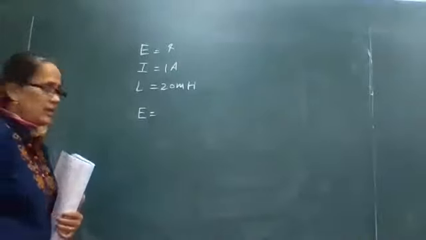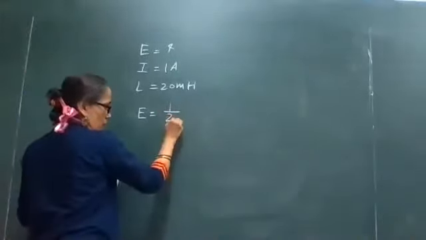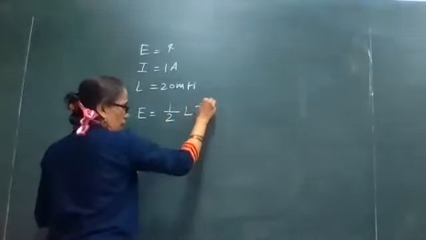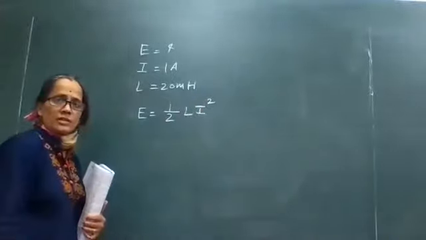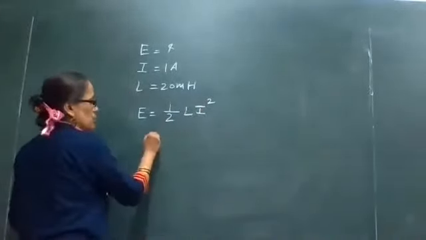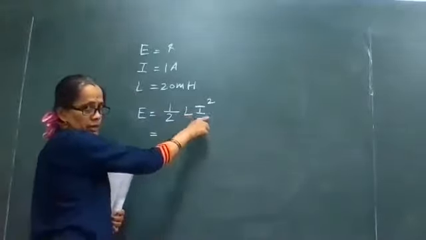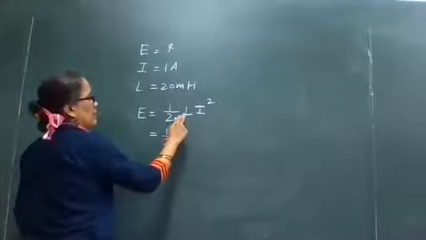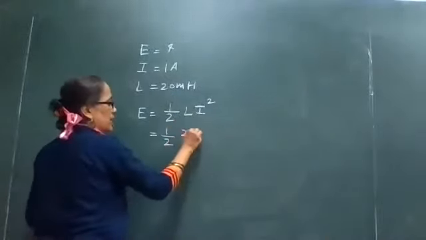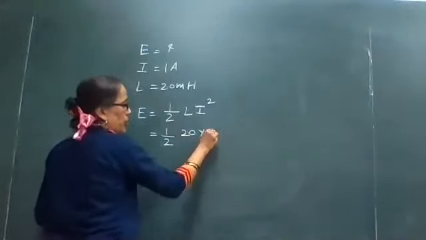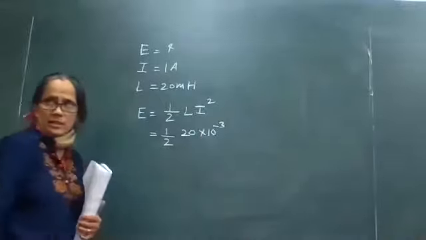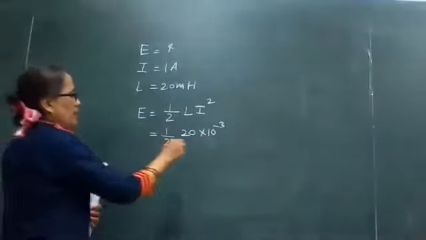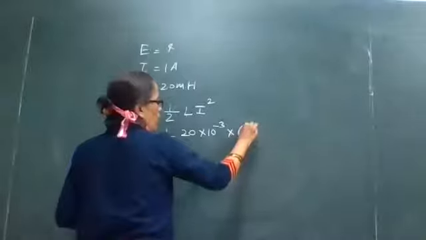Energy in the inductor E is equal to half L I square. This is the formula. In that formula, you have to put the value of L and the value of I. So what I say? Half, value of L is 20 millihenry, so 20 into 10 raised to minus 3. Then I is 1 square.